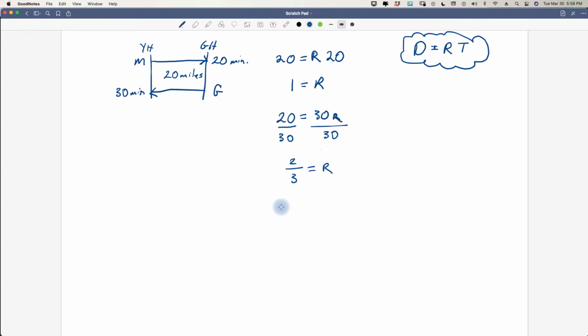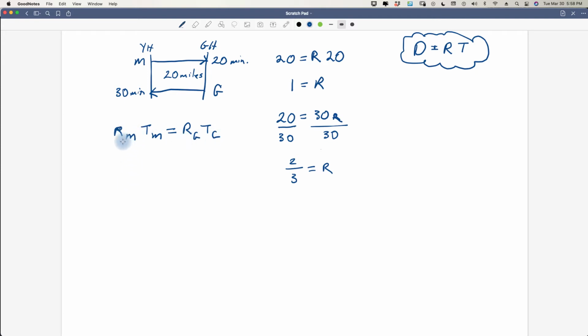So let's see if that plays out. If this rate gives us the same distance for each of these. So your mom's rate, we go back up here, rate times time. So the rate for mom times the time of mom should equal the rate for grandma times the time of grandma. That should give us the same distance of 20 miles. So let's see.